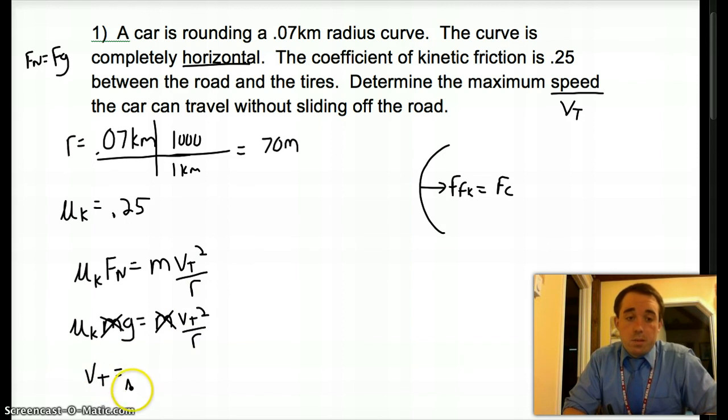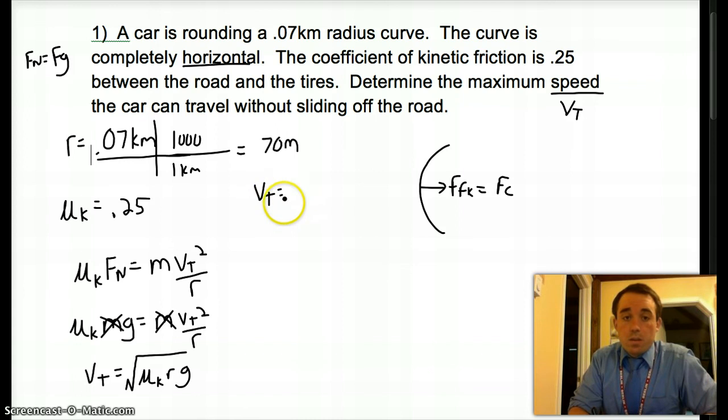Vt is going to be, sort of skipping a little step, but you can just do the math. It's going to be mu k times r times g. Multiply the r up, you have r times mu k times g. So, plugging that in, it's the square root of 0.25 times r, which is 70, times g, 9.8.